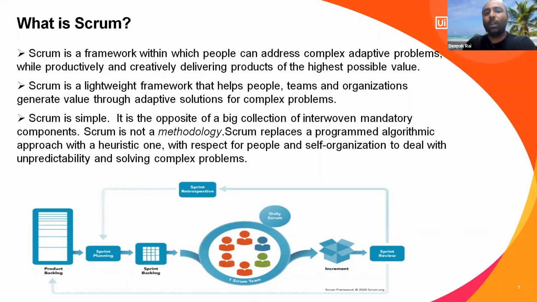Scrum replaces the programmed algorithmic approach with a heuristic one, with respect for people and self-organization, to deal with unpredictability and solve complex problems. So this is some insight about Scrum.